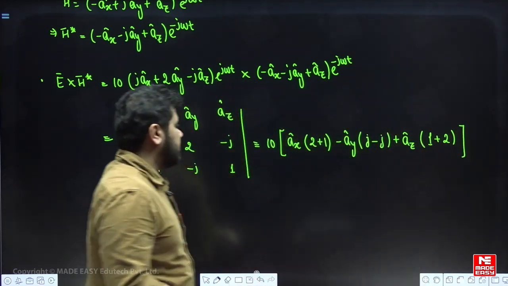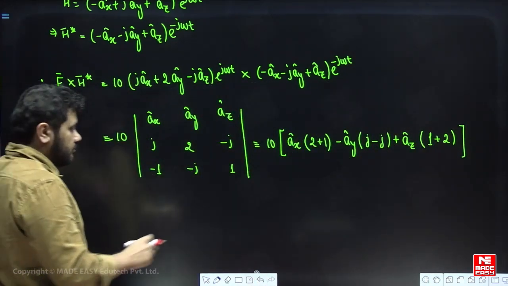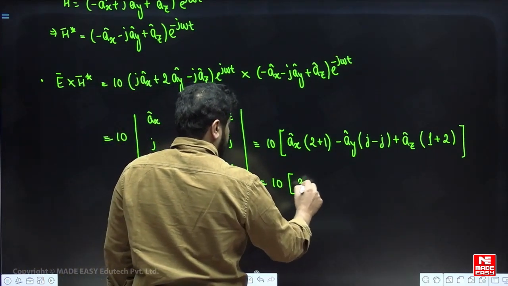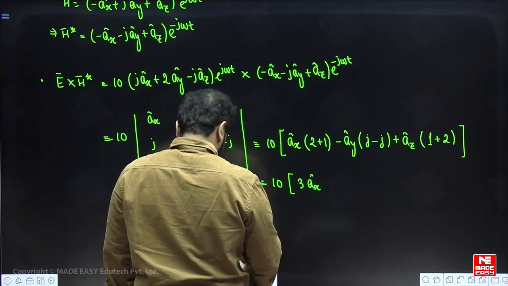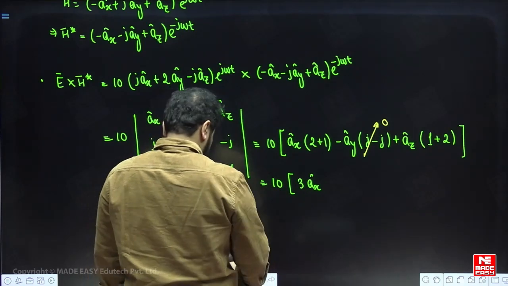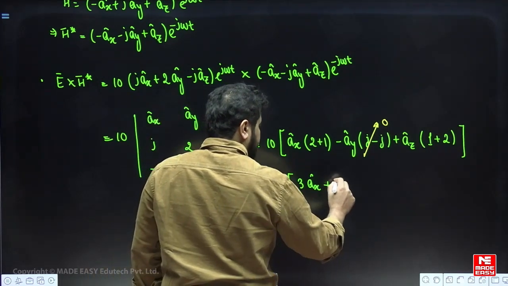So this is equal to 10 times 3 AX. You can see that the AY term gets cancelled because j minus j is 0. So plus 3 times AZ.